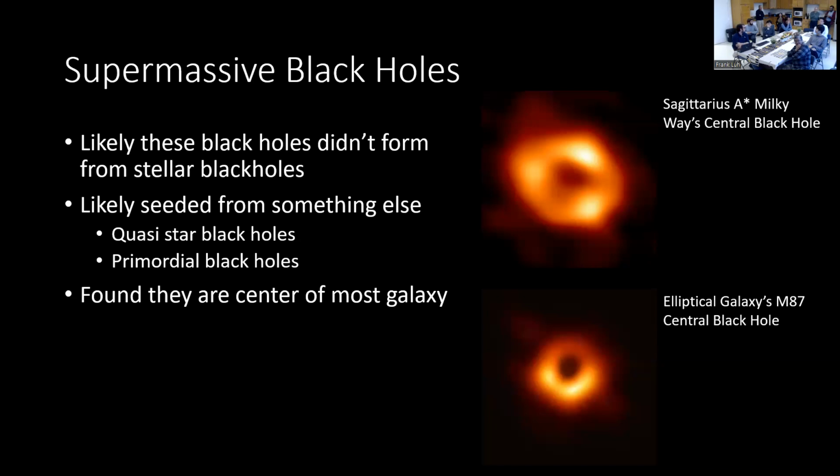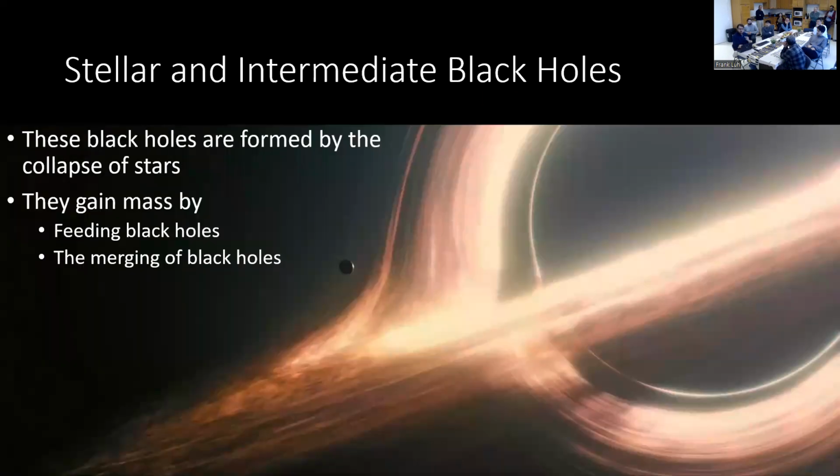So we don't know how these black holes were originally created. For stellar black holes, basically you have the core of the star. Once you run out of fuel, it's so massive and dense enough that it collapses into a black hole, which is what causes a supernova.